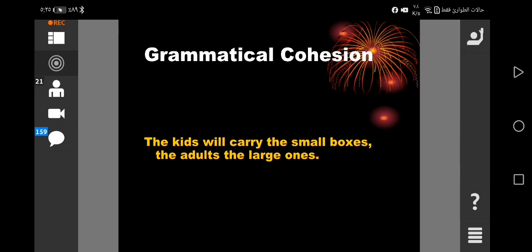The boxes? No, it doesn't refer to the boxes. Instead of boxes, the writer has used ones. Small boxes, large ones. Ones is a substitution, not ellipsis.